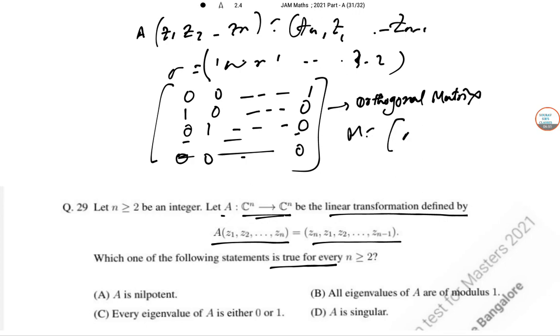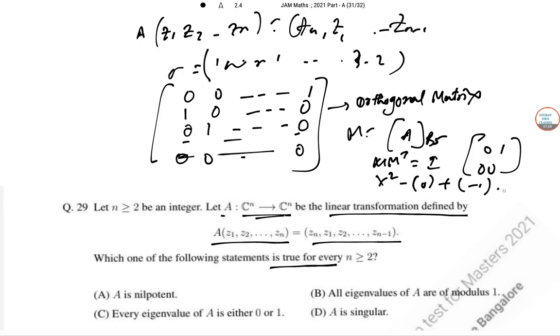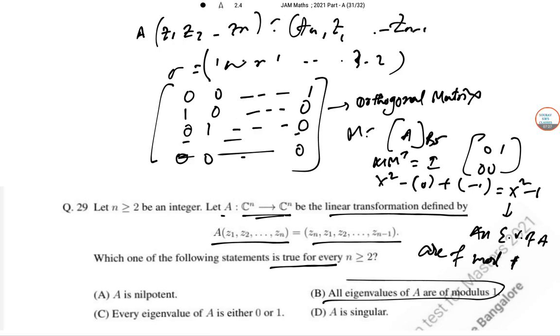So M equals A, and M M transpose equals I. So the characteristic polynomial is x squared minus 1. So all eigenvalues of A are of modulus 1. Okay, so B is the correct answer.